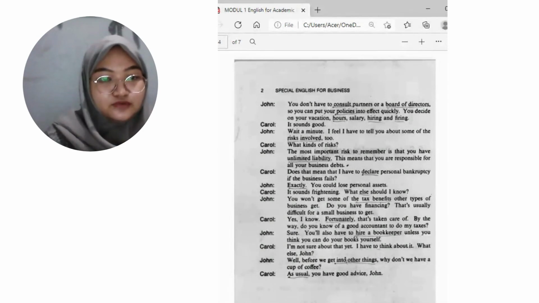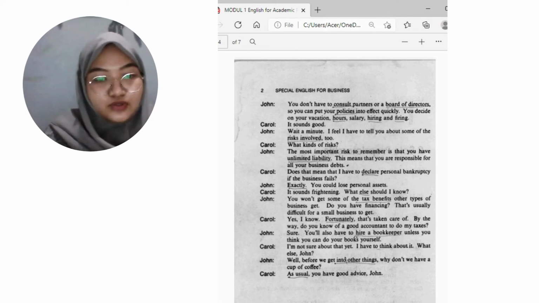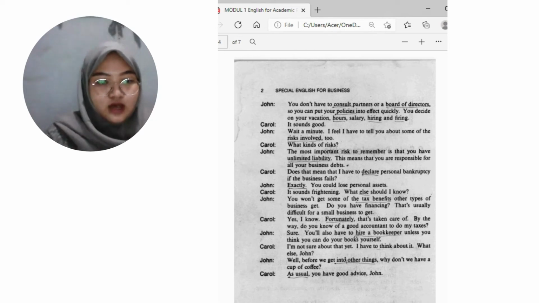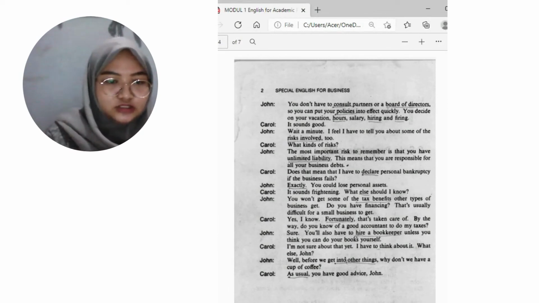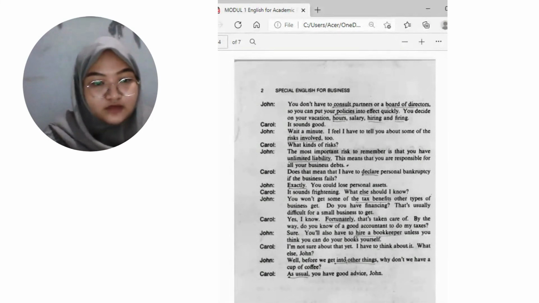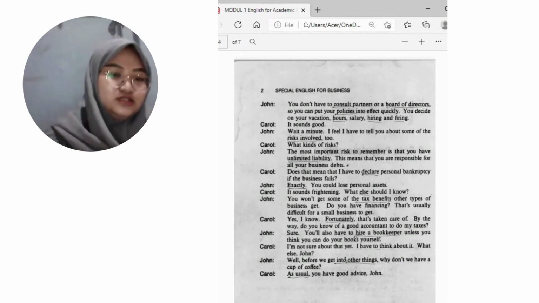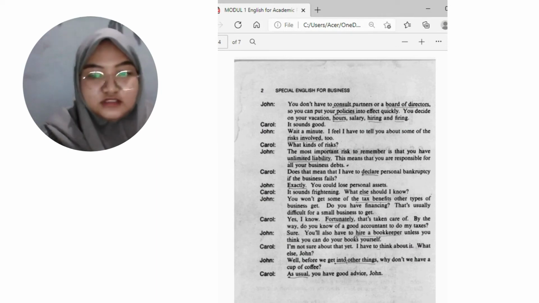You'll also have to hire a bookkeeper, unless you think you can do the books yourself. Carol: I'm not sure about that yet. I have to think about it. What else, John? Well, before we get into all the things, why don't we have a cup of coffee? John: As usual, you have good advice, Carol.